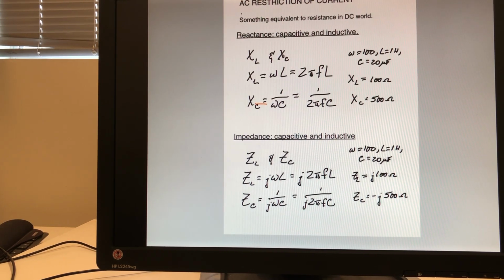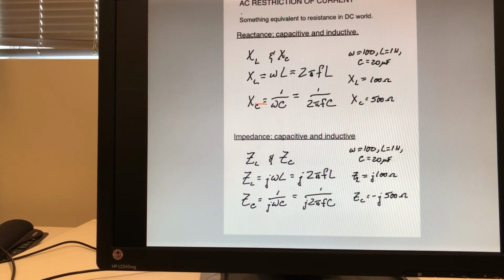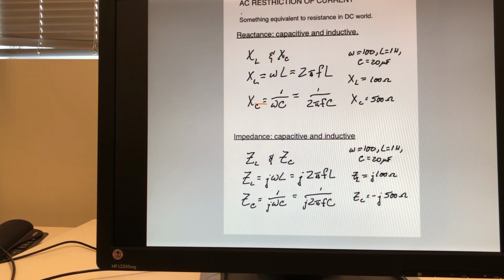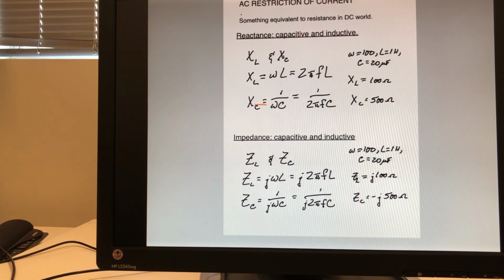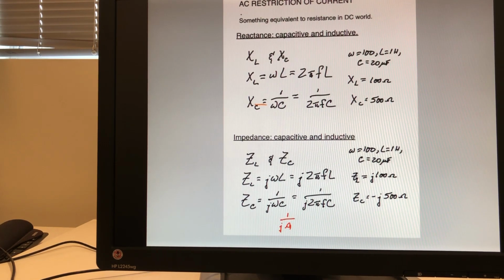Well, it's mainly because when we do a calculation, remembering that j is the square root of minus 1, if you have a quantity that is 1 over jA, we'll just call it A for right now, you've got an improper fraction, right? You've got a square root in the denominator.